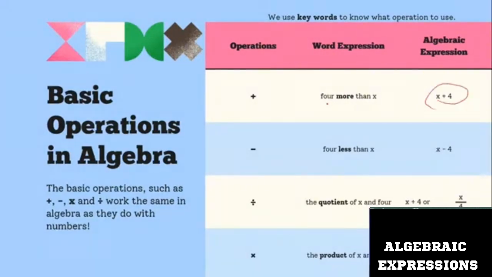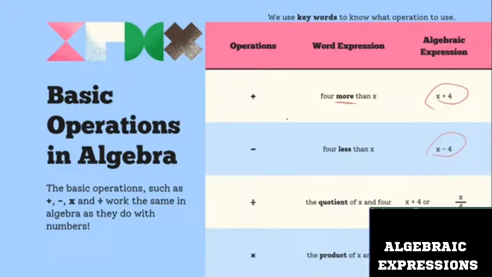So when we see an expression which has got the keyword more, then it means that we're adding. If it is a less kind of problem, whenever we see the word less, then it means that we must subtract. So 4 less than x would imply the opposite, x subtract 4.